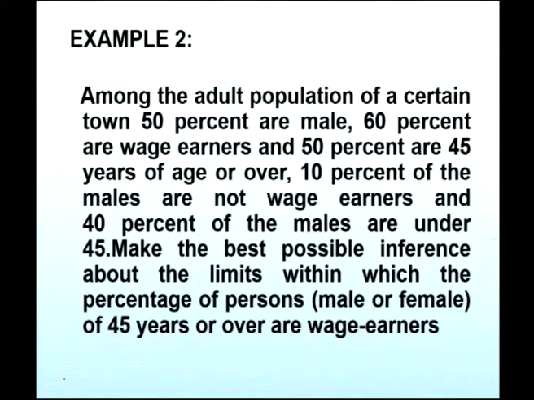Make the best possible inference about the limits of the percentage of persons, male or female, of 45 years or over who are wage earners. So, two things are given, that is 45 years of age or over and wage earners, and you are asked to find the limits for those persons.